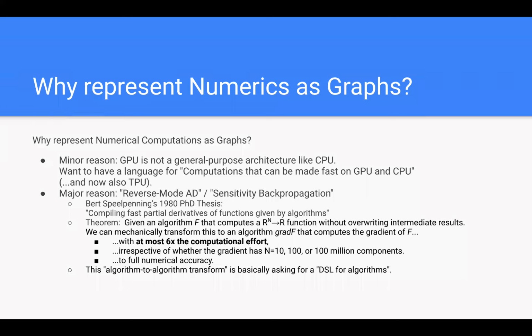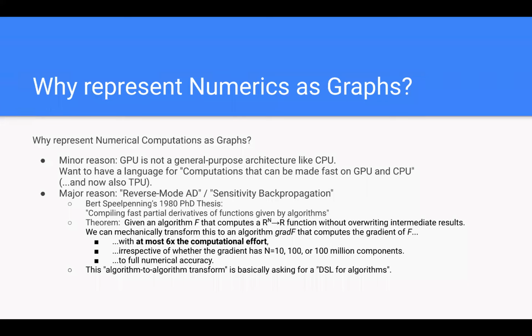Now, the major reason, however, why this is a useful approach is, well, that we want to make reverse mode automatic differentiation, also known as sensitivity backpropagation, work. What is this about? It was first written up in a complete and coherent form in Bert Speelpenning's 1980 PhD thesis. And this work, titled Compiling Fast Partial Derivatives of Functions Given by Algorithms, essentially is about the following theorem.